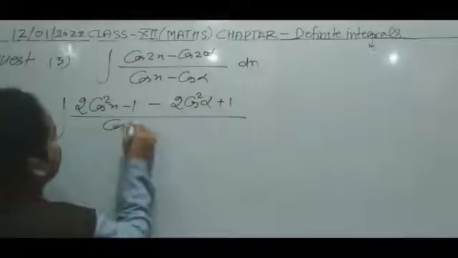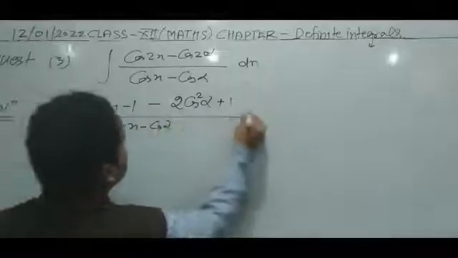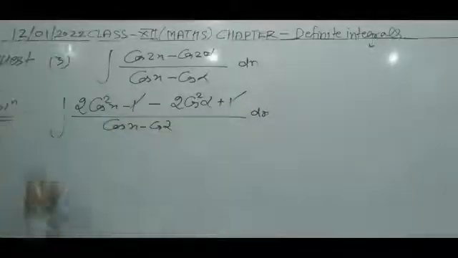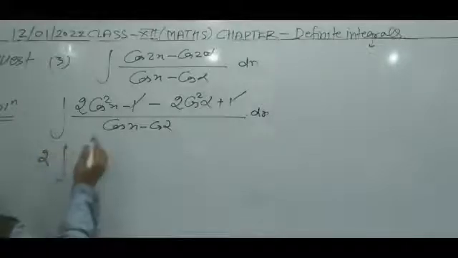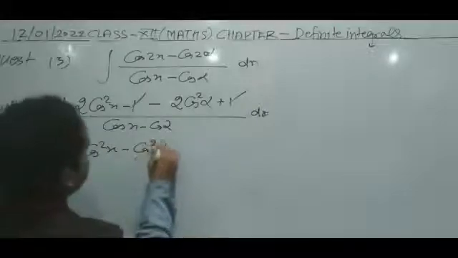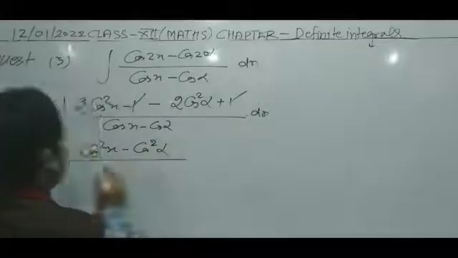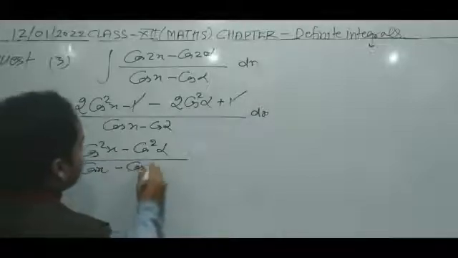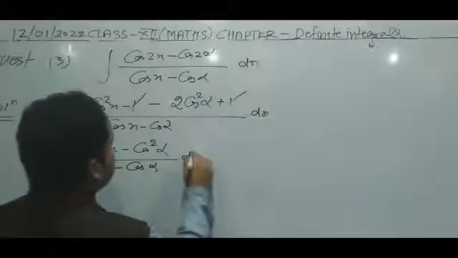Now cos x minus cos alpha and dx. The plus 1 minus 1 will cancel and 2 we take common. So 2 times the result will be cos square x minus cos square alpha whole upon cos x minus cos alpha, and this is dx.